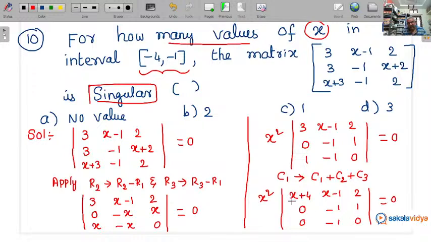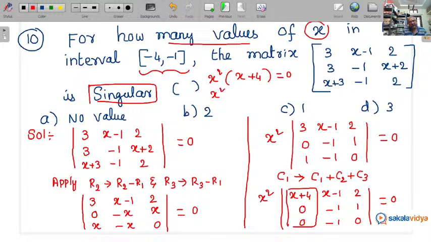Now expand by C1, which means x plus 4 into the determinant of this matrix. So you will be getting x square into, the determinant of this one is minus 1 into 0 minus of minus, plus 1 into 1, 1, x plus 4 into 1 equal to 0.